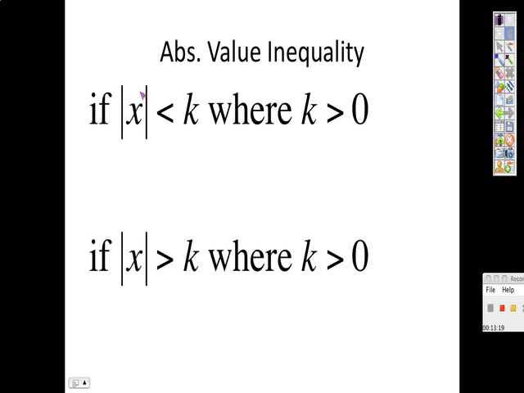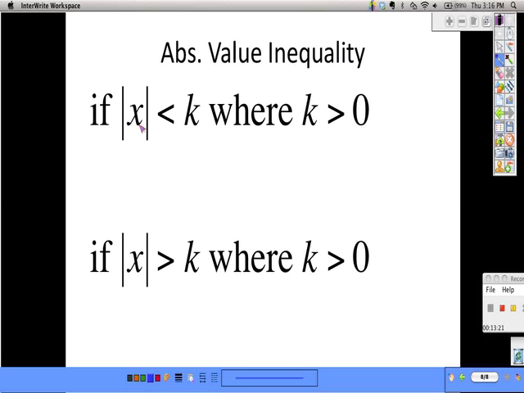An absolute value inequality: if an absolute value is less than a number, then we're going to say that x has to be between k and negative k. If that number has to be a distance less than 5, that number has to be between 5 and negative 5.